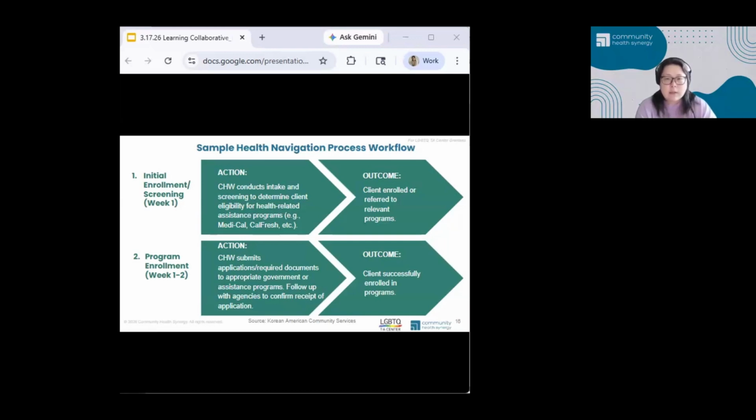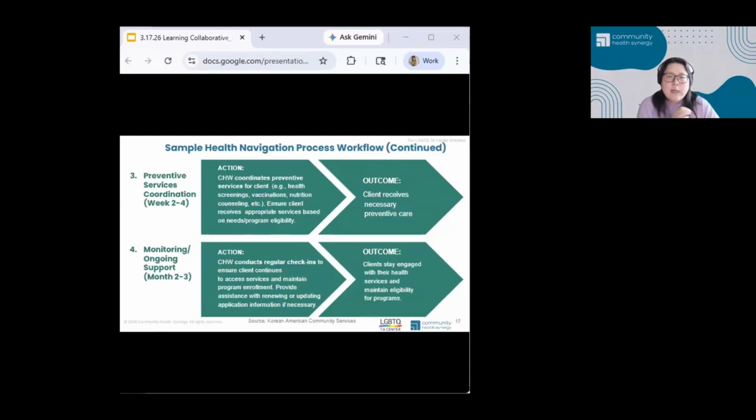So the outcome here is that your client is successfully enrolled in the programs. So, there are additional steps that you could outline, but these steps become those policies, procedures, protocols, and the standard operating procedures that many managed care plans look for. So they just want to see that you have a process in place.